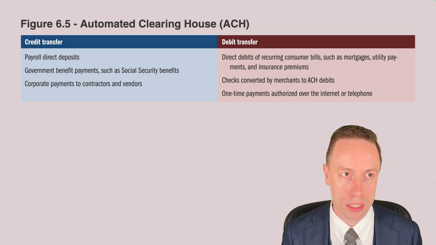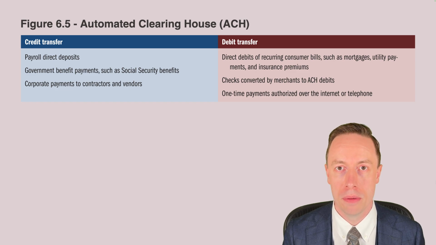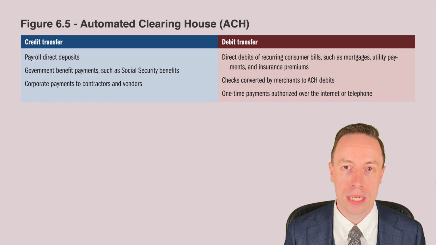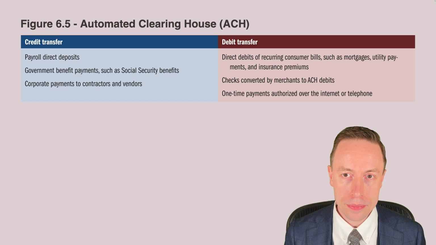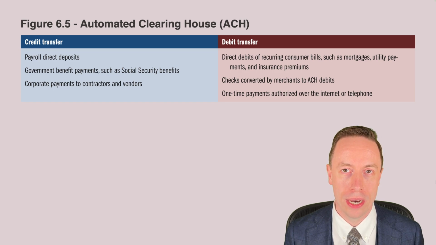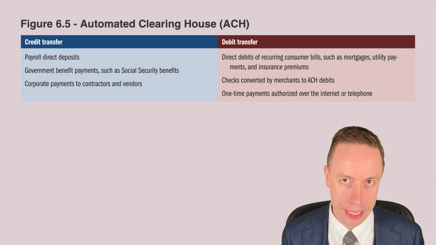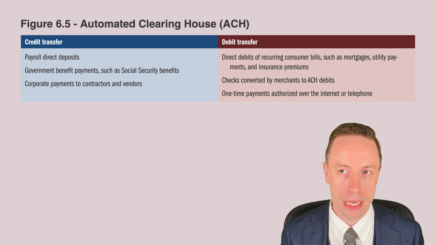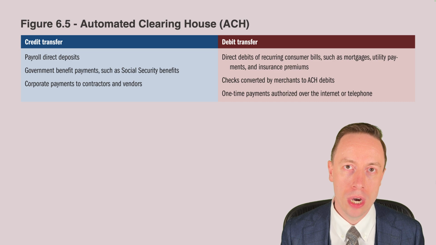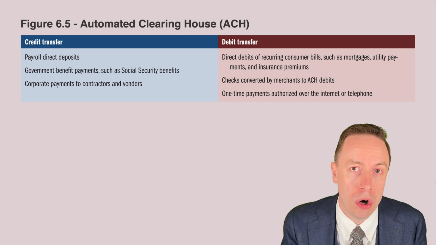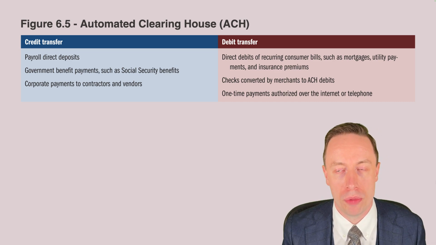That's a crediting of your bank account, or maybe a government benefit. But the other way around, you can also authorize debits against your account. So that's when money gets taken out. For example, you might have your electricity bill set to automatically debit from your account.